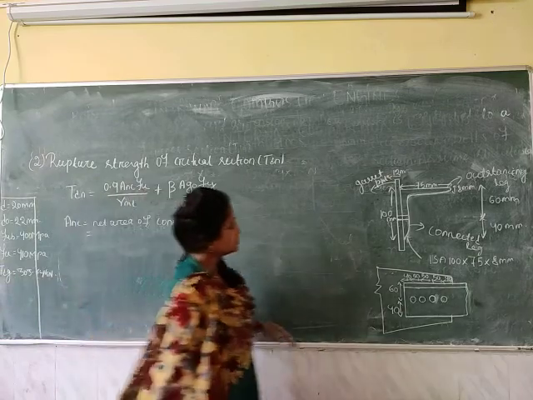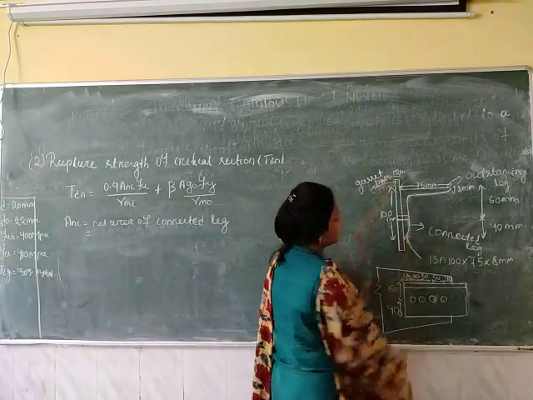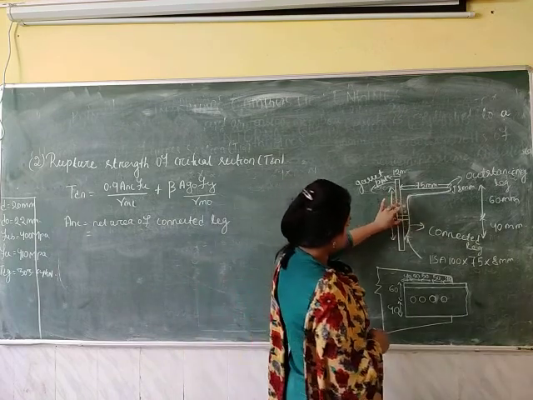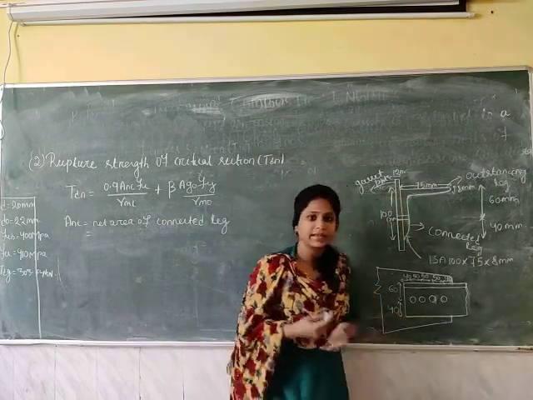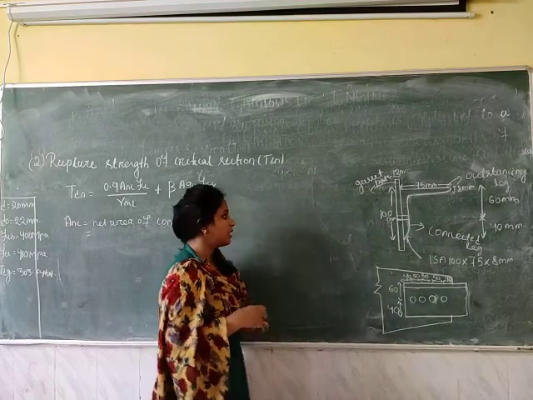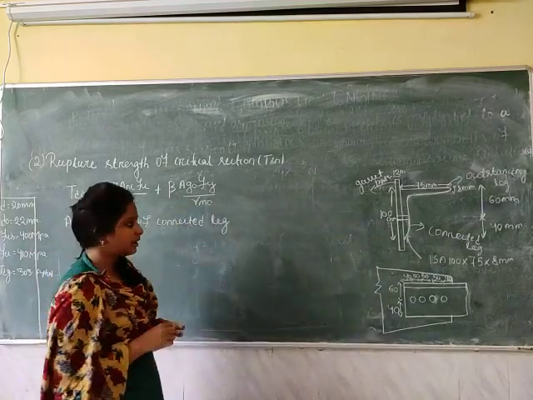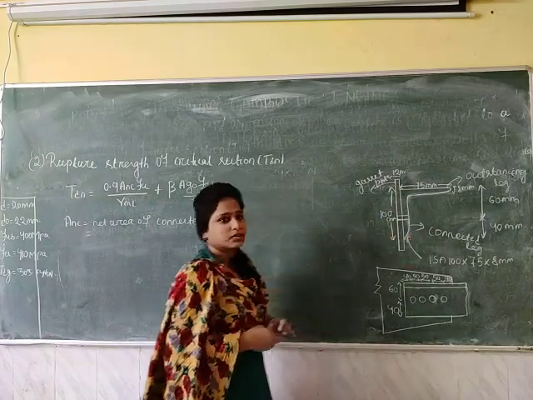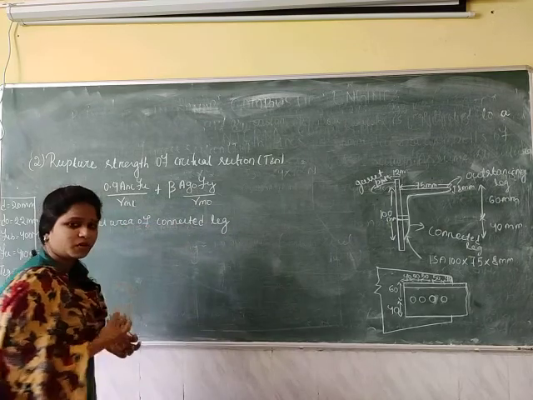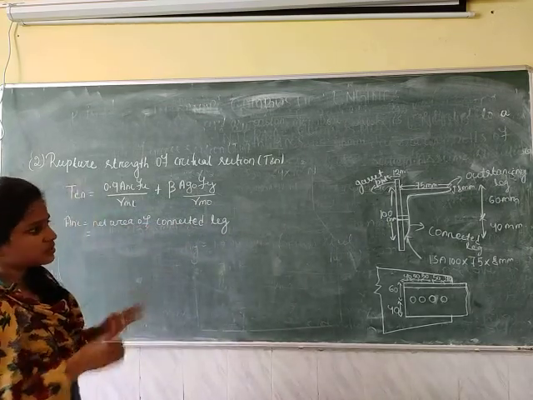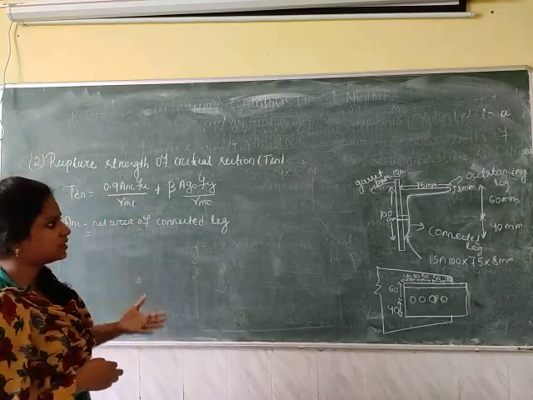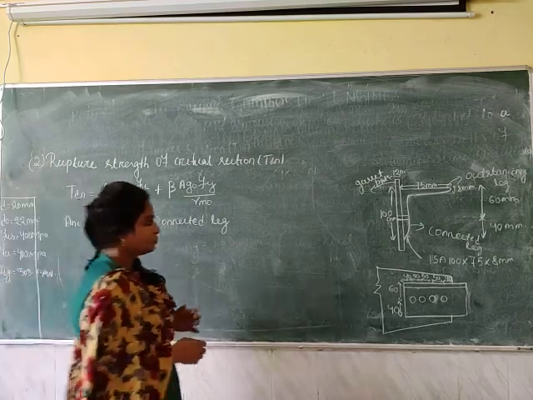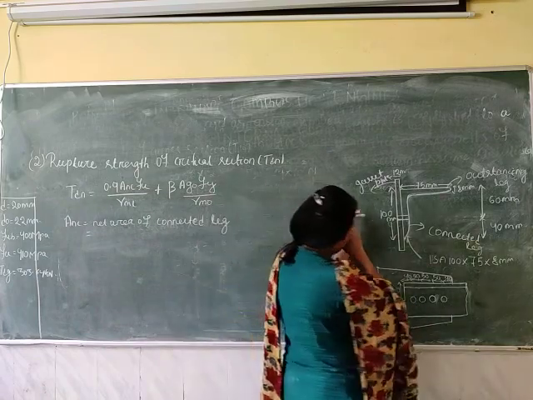So this is the connected leg, and we need to calculate the net area of the connected leg. Net area means we have to deduct the bolt hole dia from this connected leg length. We deduct the area of the bolt hole from the gross area of the connected leg, and gross area means the total area, with no need to deduct the bolt hole dia.